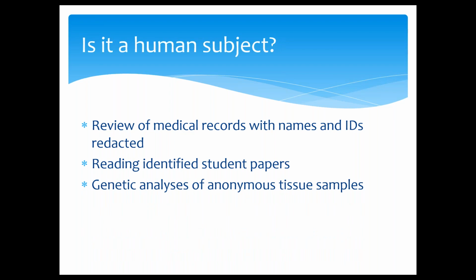Genetic analyses of anonymous tissue samples. Our hope is that they are anonymous, but as many of you know, the genome is a unique identifier. So it is possible to take a very little bit of genetic information, and if it exists in a database someplace, match it up and identify the person.